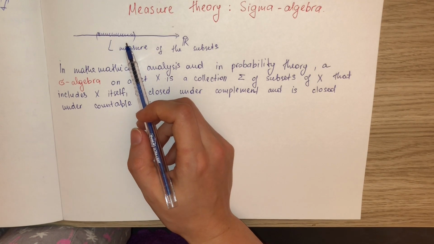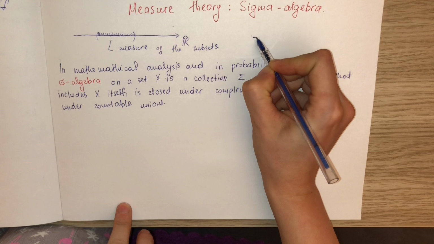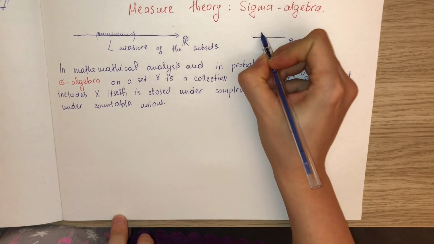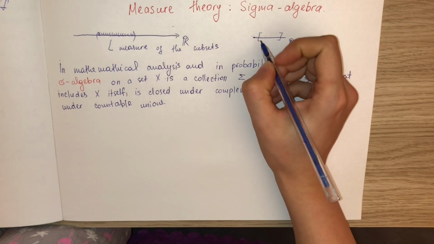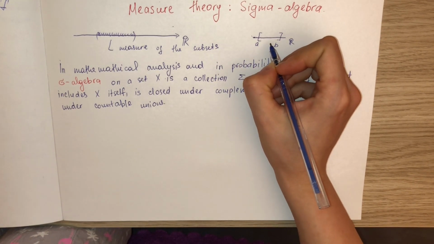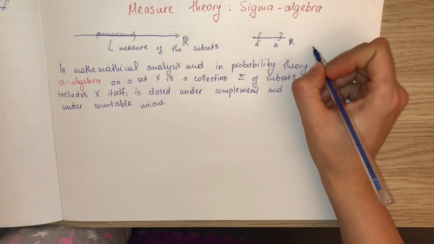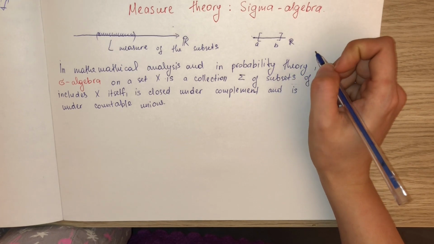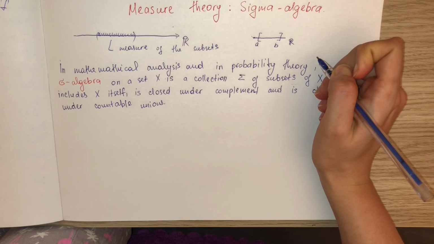If you have an interval in the real line, let it be from A to B, then you would say this has a length of B minus A.